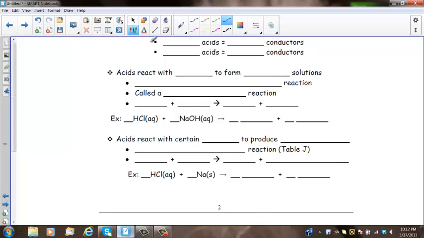Weak acids are poor conductors, which should make sense. And strong acids are good conductors.